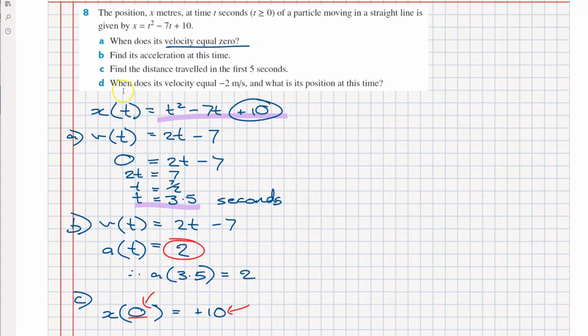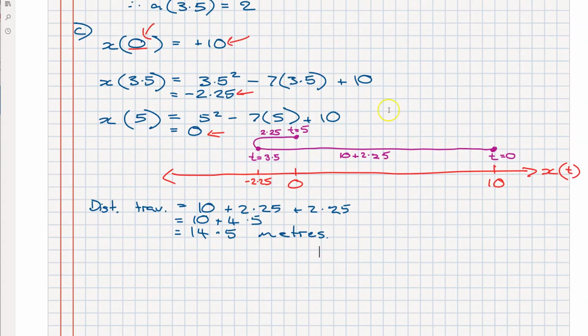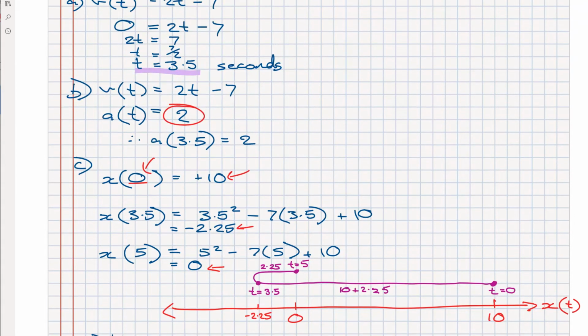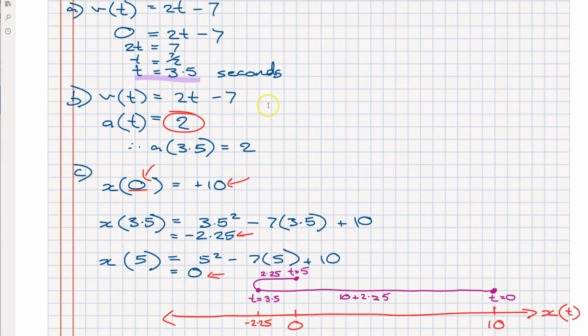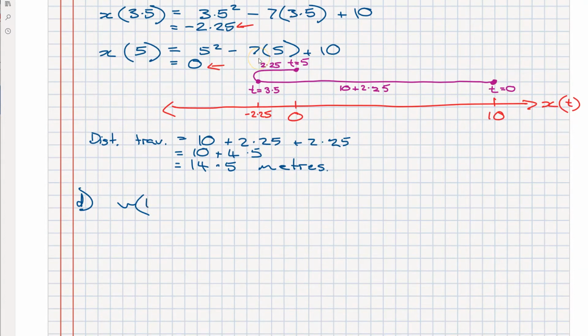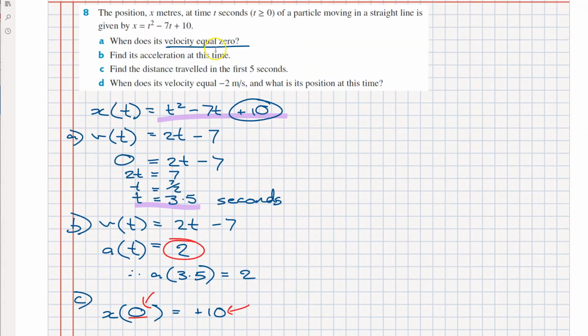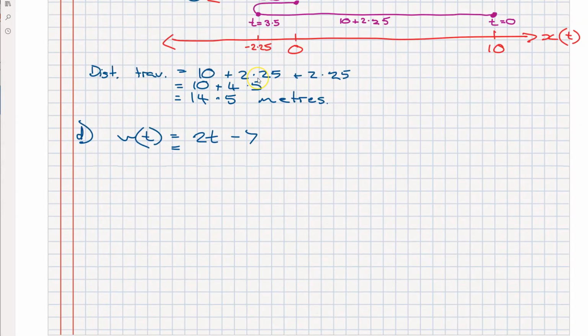Now in part D, when does its velocity equal minus 2 meters per second, and what is its position at that time? So grab the velocity function, which we defined as 2t minus 7. And it's asking when the velocity equals -2.